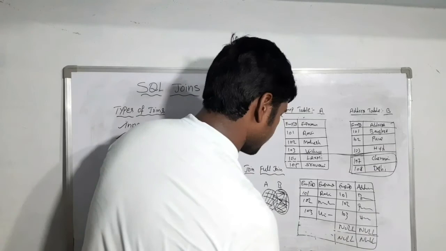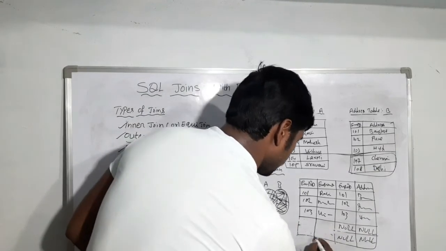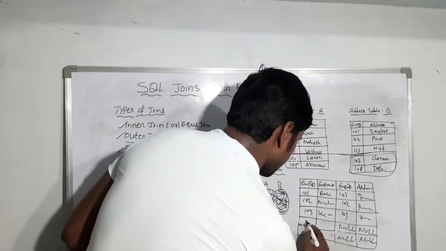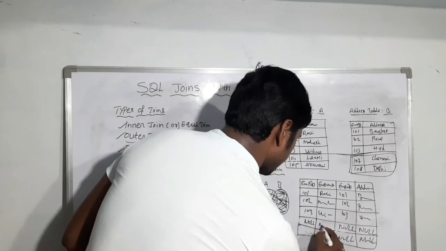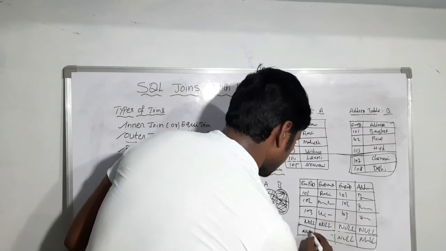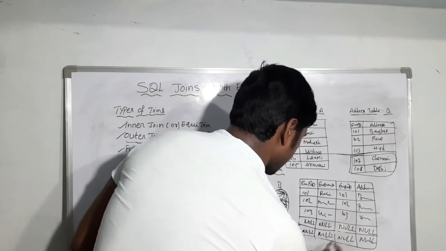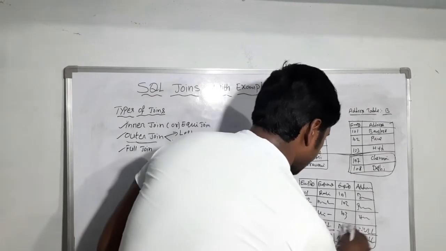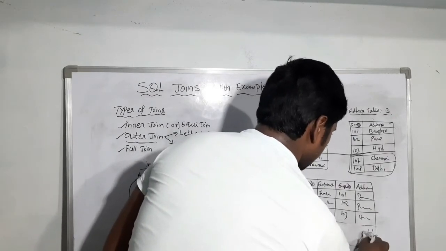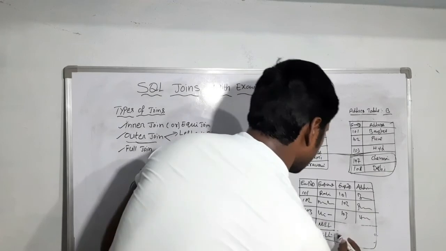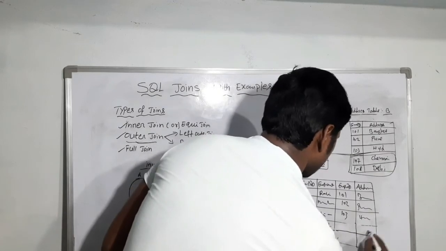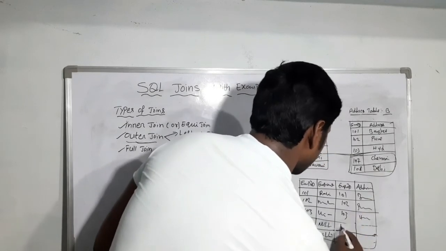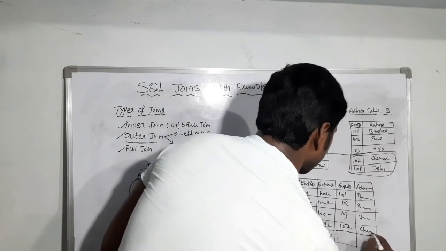So here is the output for the right outer join: null, null, null. But in right outer join all the records will be output, so whatever the values here, 107 Chennai, 108 Delhi.